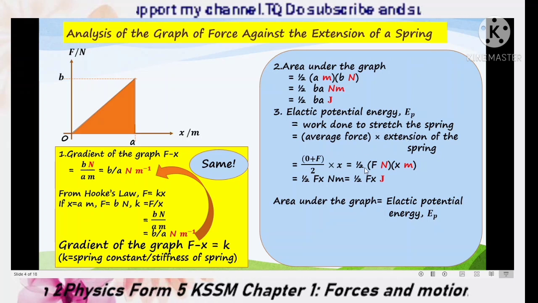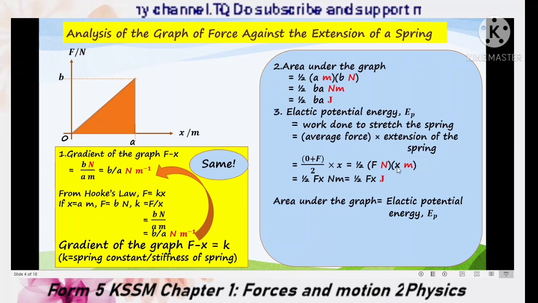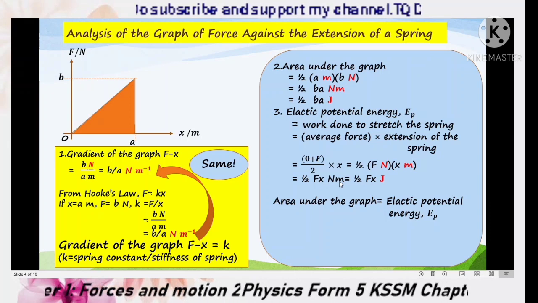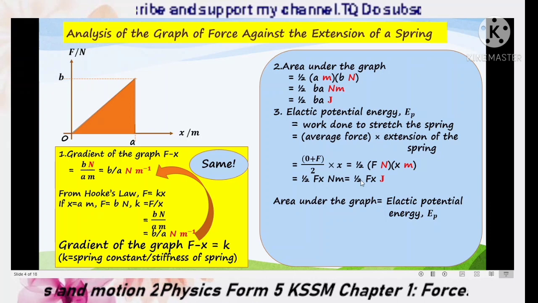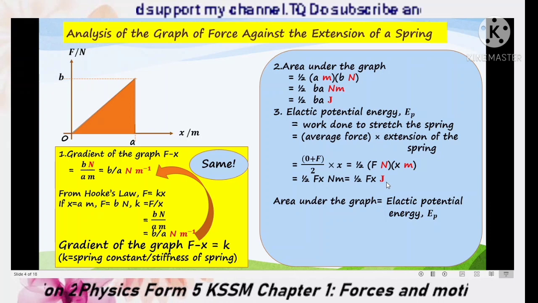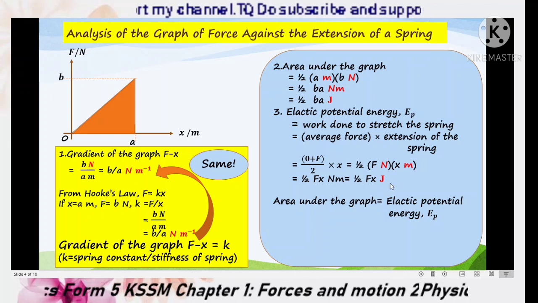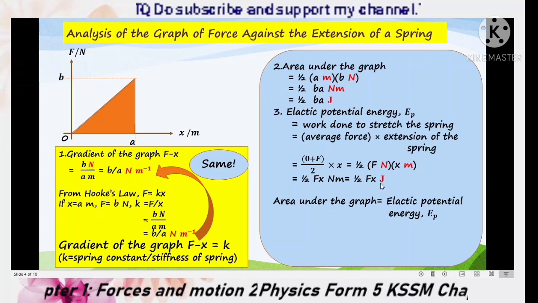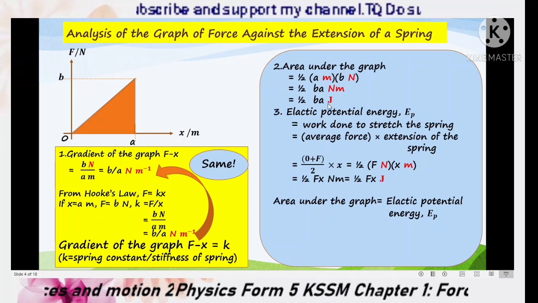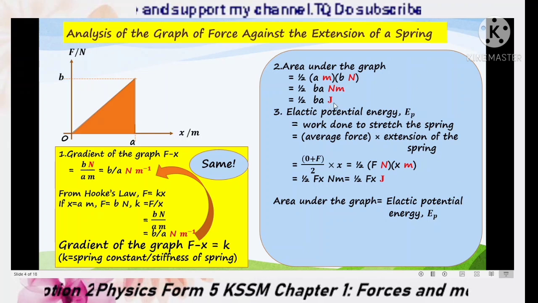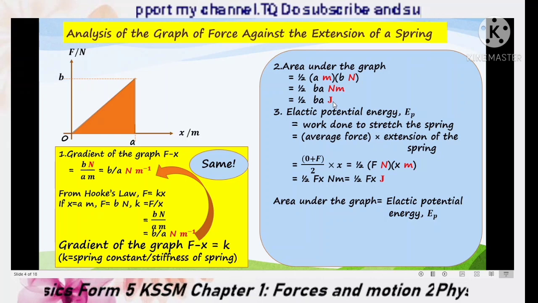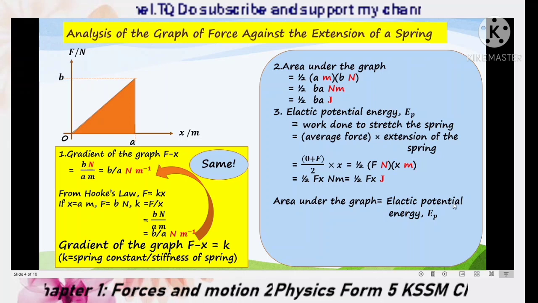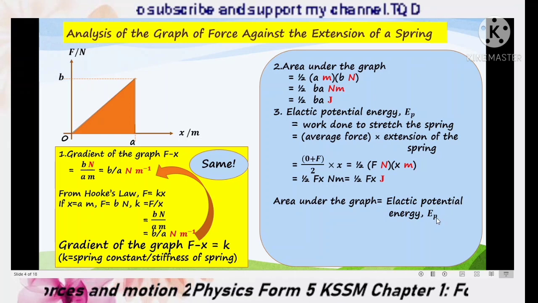Thus we get half F Newton times x meter, equals half Fx Newton meter, equals half Fx joule. So the elastic potential energy unit is of course joule. When you calculate the area under the graph, you also get the unit joule. Thus, the area under the graph represents elastic potential energy Ep.